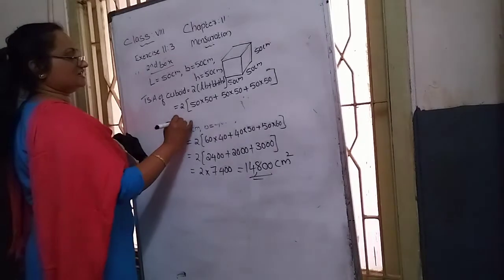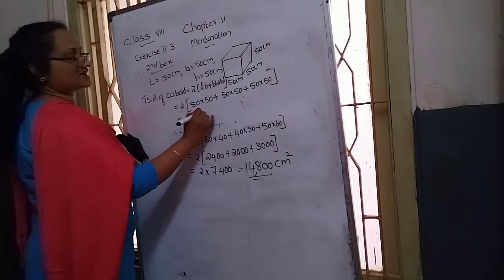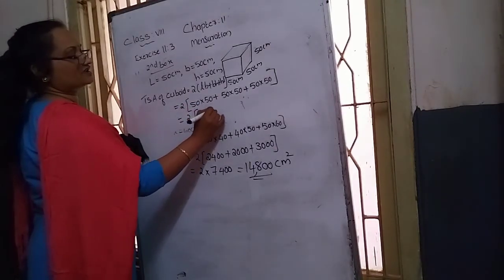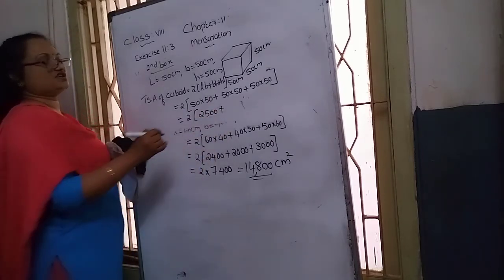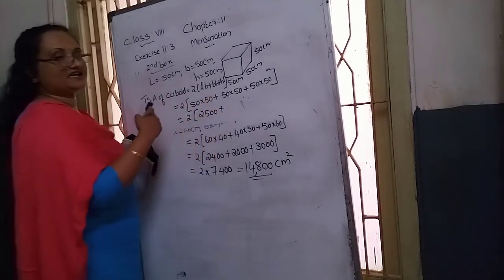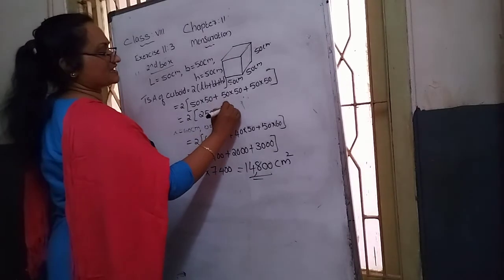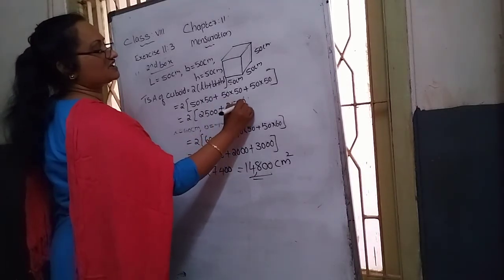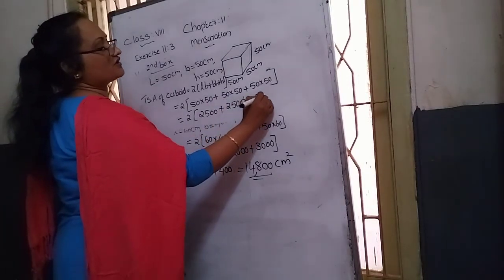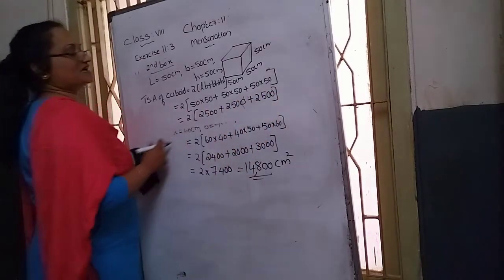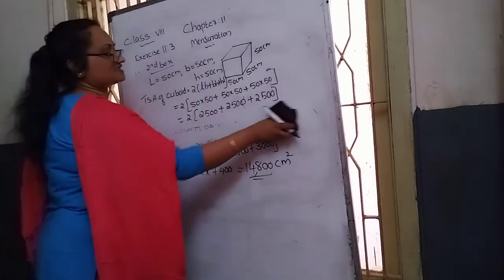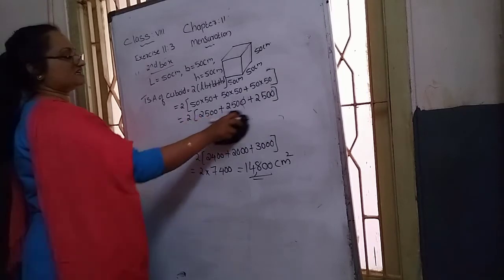Close the bracket. Inside the bracket, 5 fives are 25 with 2 zeros, again 5 fives are 25 with 2 zeros, and again 5 fives are 25 with 2 zeros.